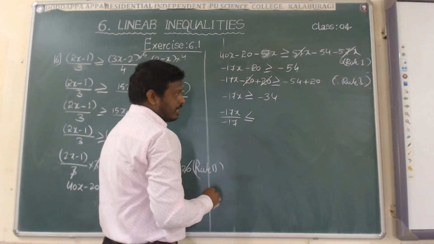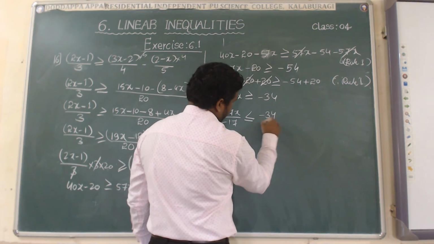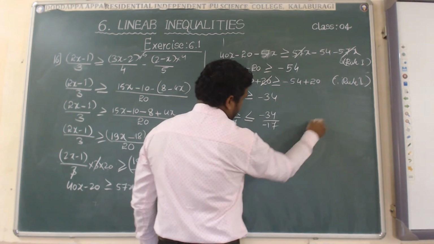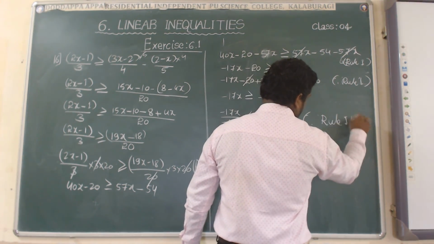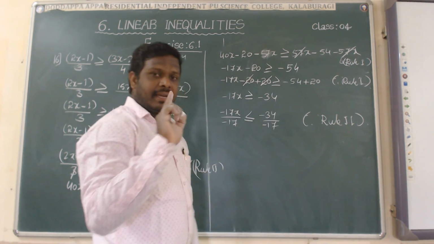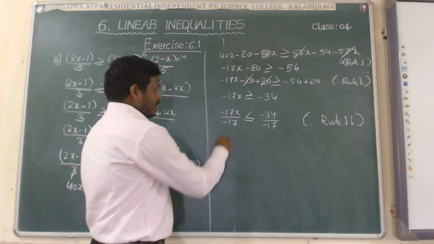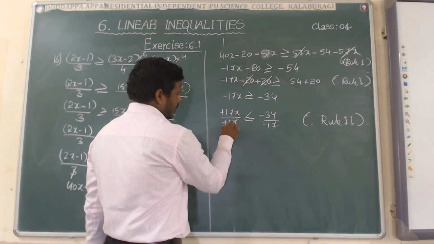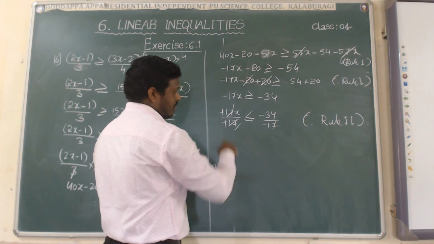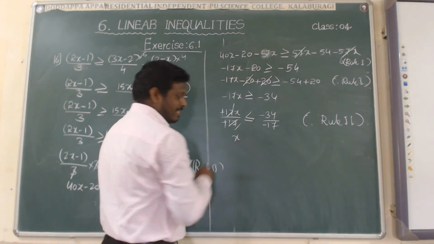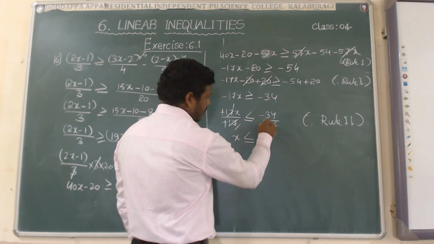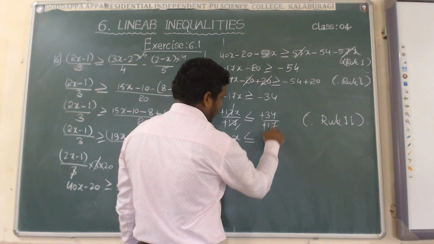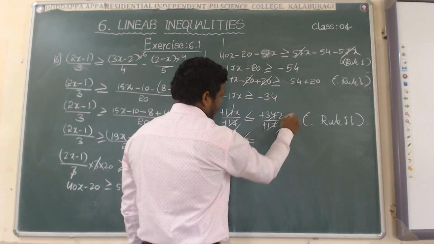Keep in mind this point: minus 34 divided by minus 17 because of the second rule. Now simplify, minus cancels, and 17 ones are 17, left only positive 1, x less than or equal to, minus becomes positive, and 17 twos are 34.